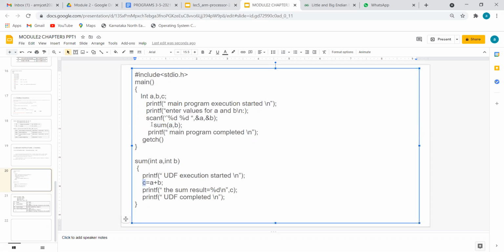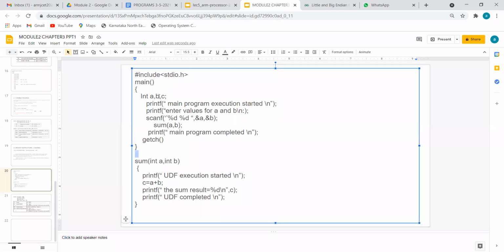Instead of performing the plus inside the main, I have shifted it to the subroutine. So I will print the result here only, and I will print the statement "UDF completed". Once this 15th line completes, the 7th line will start execution. What is the 7th line? Main program completed.